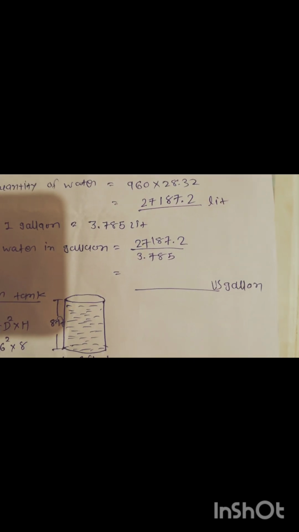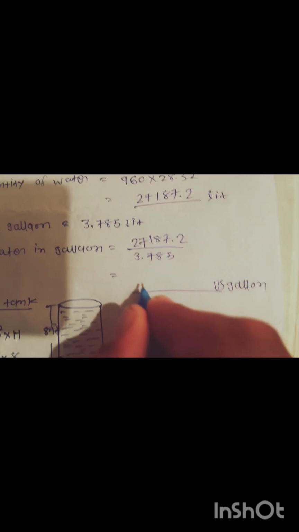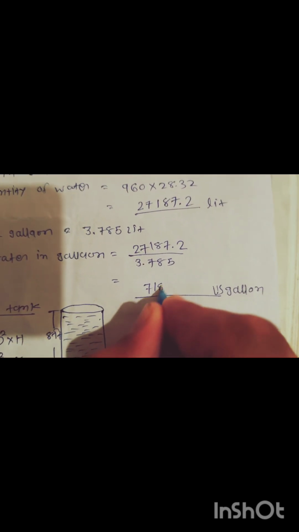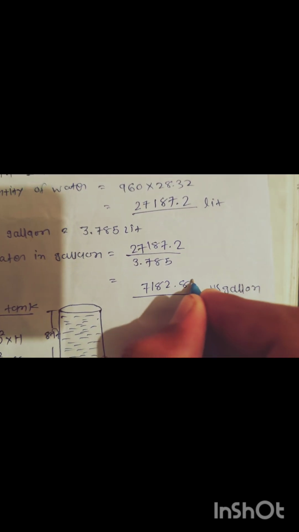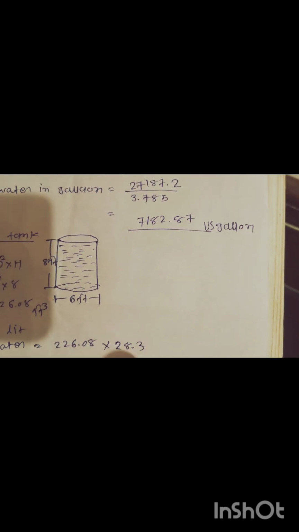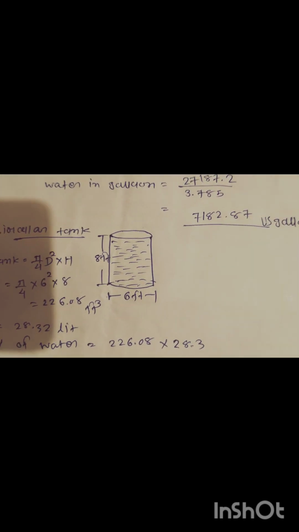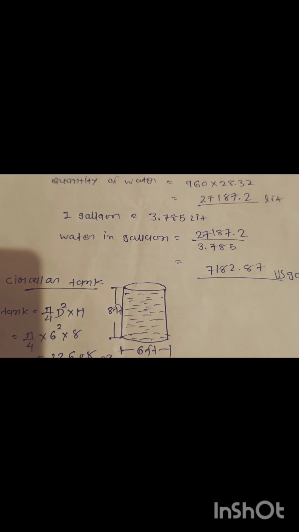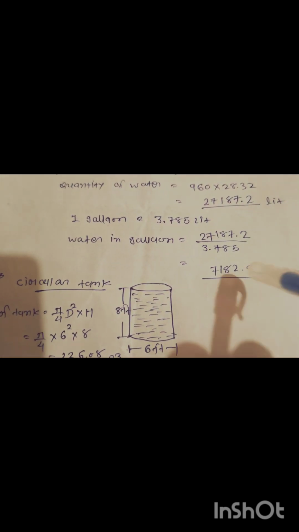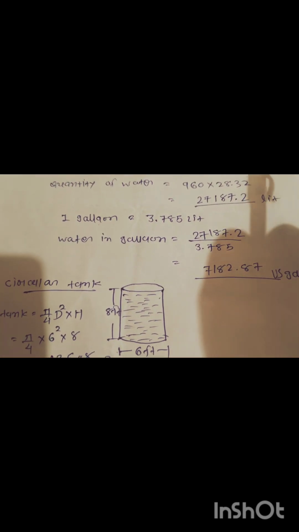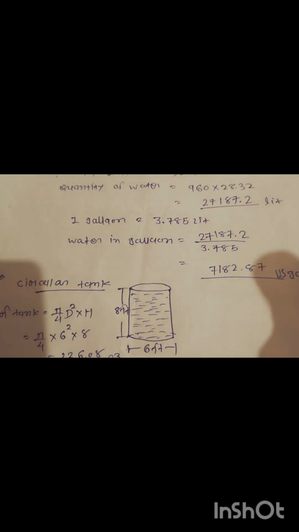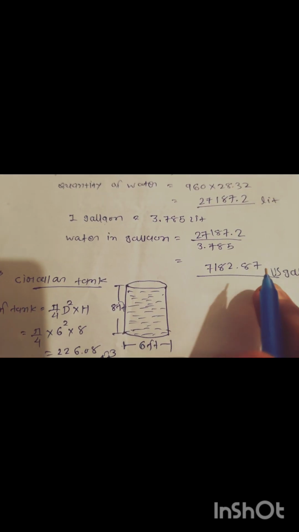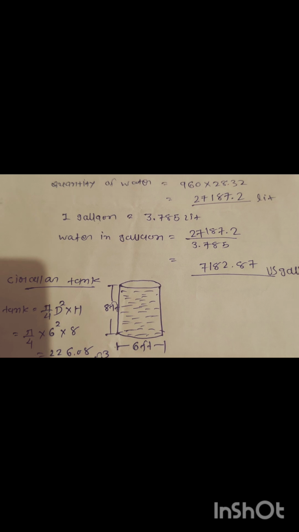So the water in gallon is 7182.87 US gallon. This is the unit of US gallon, 1 gallon being 3.785 liter. So the water in gallon is 7182.87 US gallon.